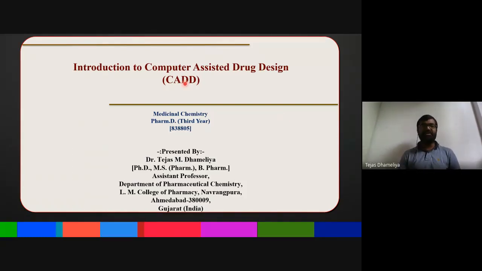We know that whatever biological investigations we carry out in our pharmacology practicals are generally termed in vitro or in vivo analysis. The practicals you are performing in microbiology are called in vitro, because they are carried out outside of the body conditions, right?